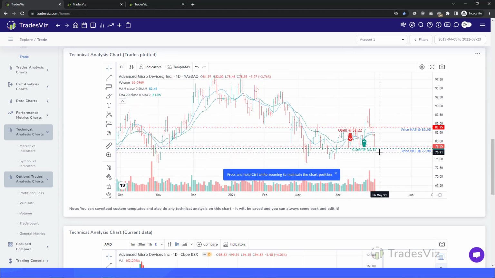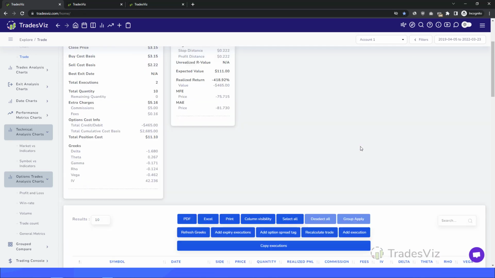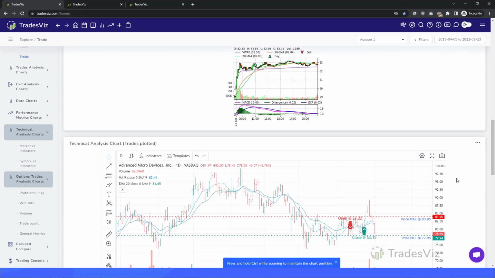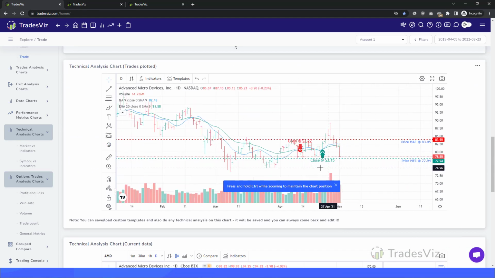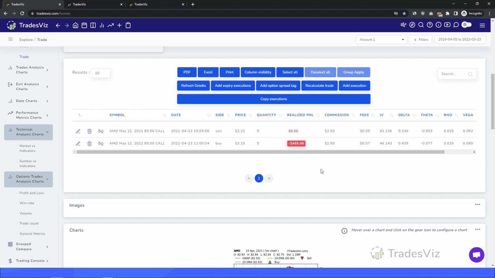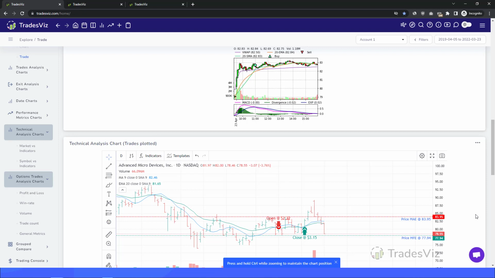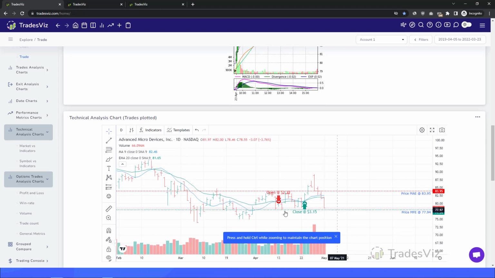So did something happen? Did the move that we expect not happen, or did we get on the opposite side of the move? Right? What exactly happened here, right? So the position is sell of a call, right? Meaning we want the stock to go down, right? So, and that didn't exactly happen over here, right?